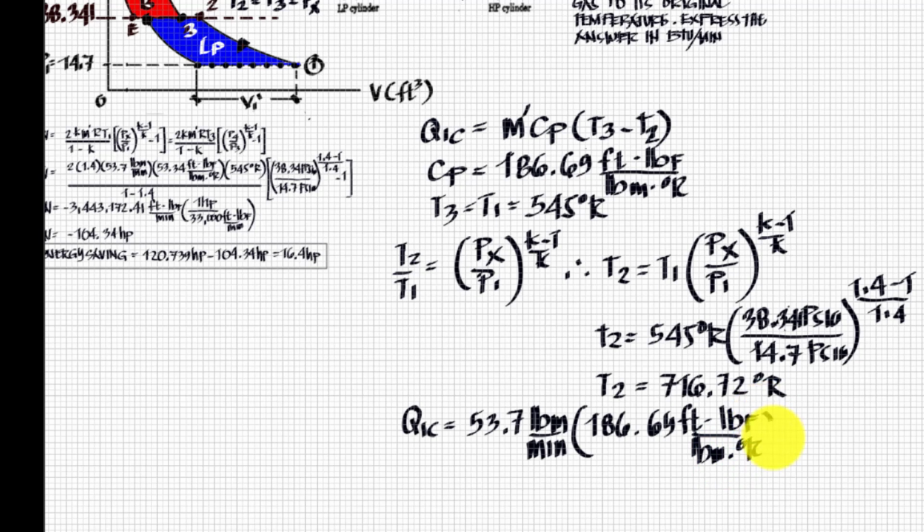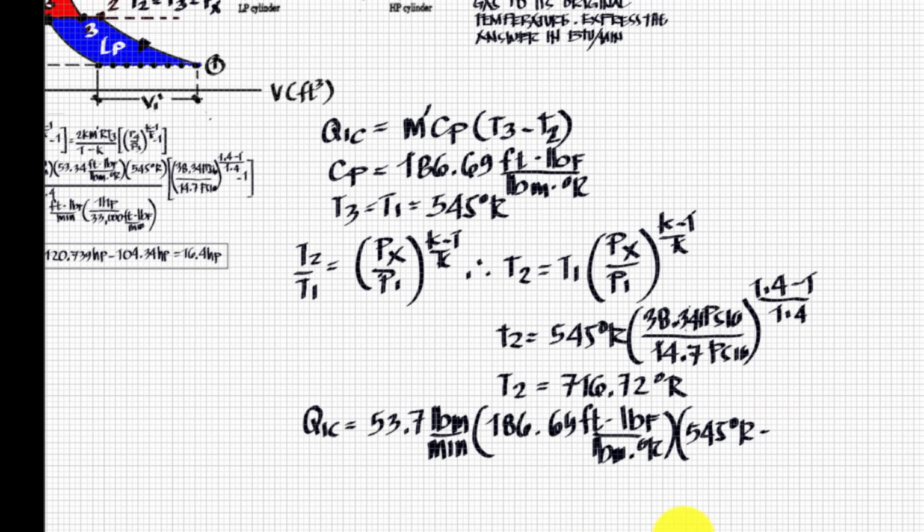Then degree Rankine. Now the change in temperature: we have T3, that is 545 degree Rankine, minus my temperature, which is 716.72 degree Rankine.